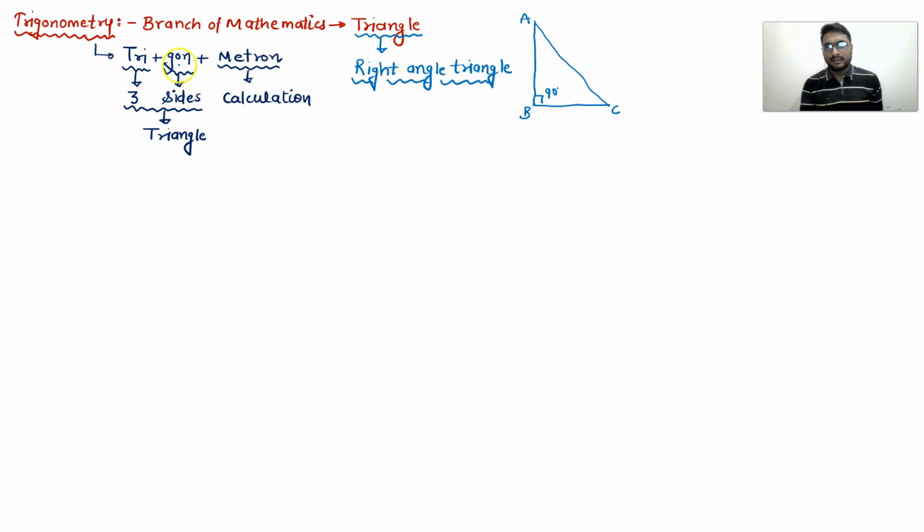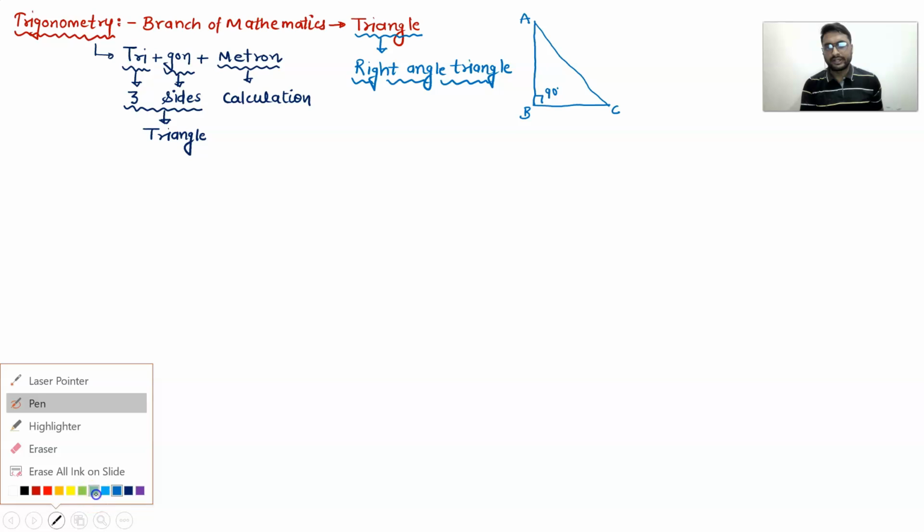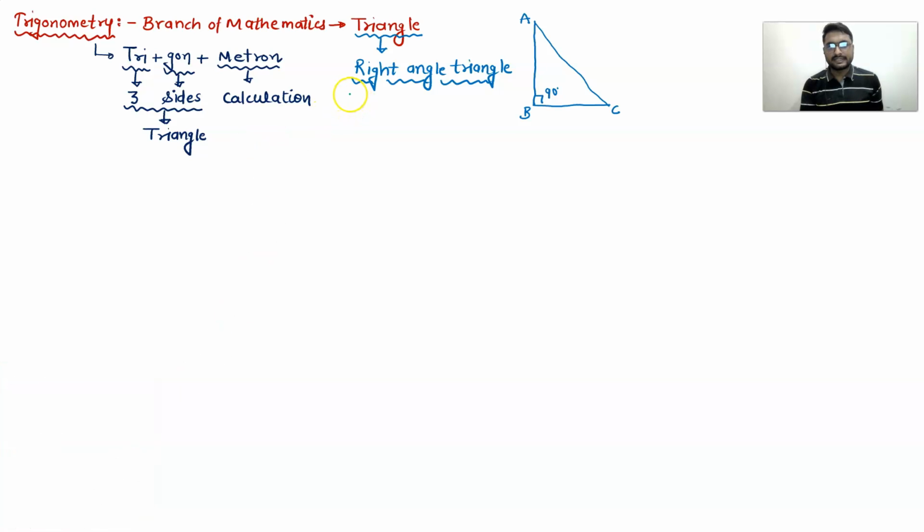And for our knowledge, in the right angle triangle, there are three sides. The very first side is known as the hypotenuse, second is the base, and the third one is the perpendicular. The side opposite to 90 degrees is the hypotenuse, and suppose this angle is given to you, say theta.